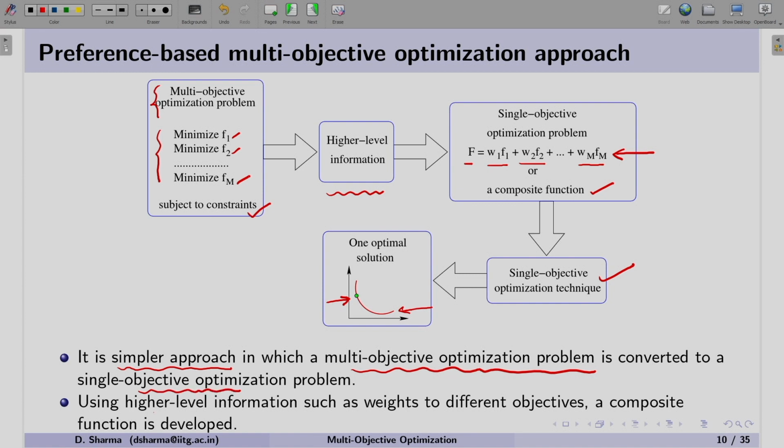As we understood, higher level information was used, such as weights to different objectives, and a composite function was developed. So, that is the preference based multi-objective optimization approach.